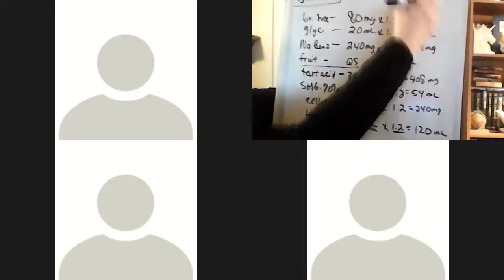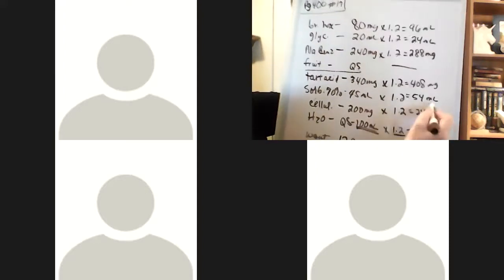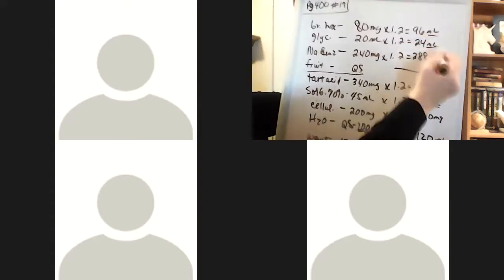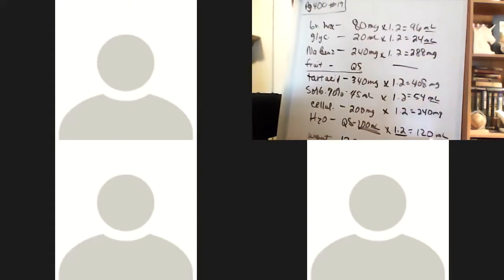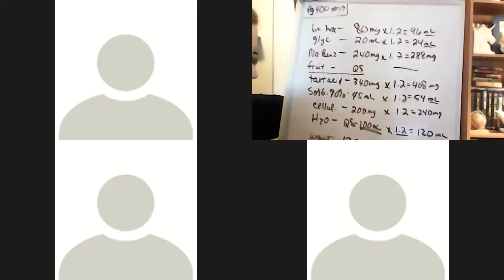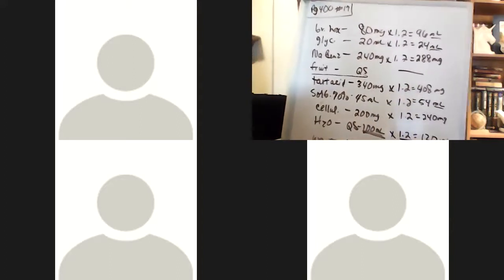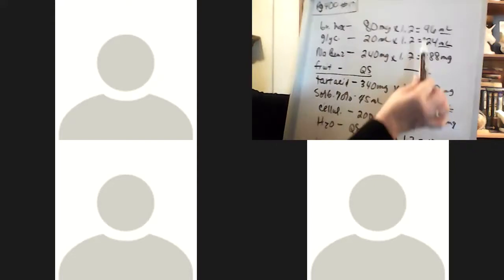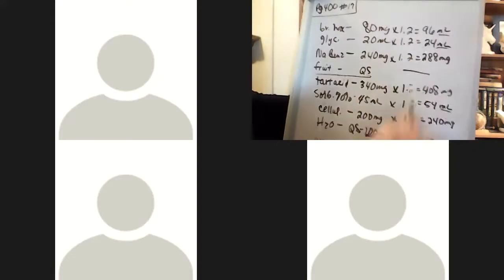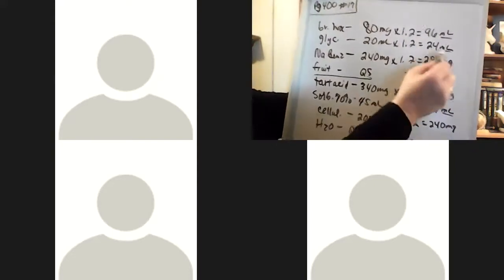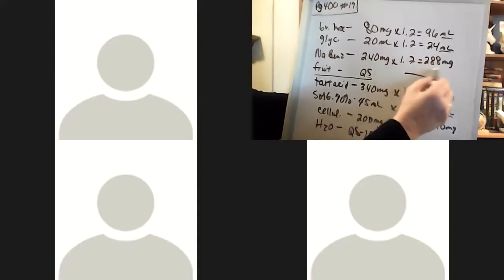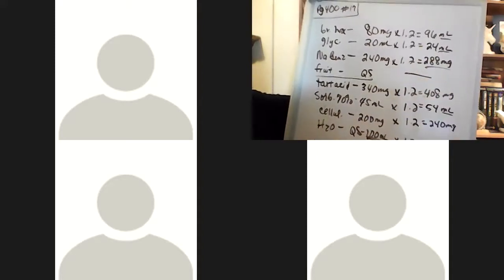So when we add all of this together, we can add our milliliters together and then subtract that from 120 and we'll know how much liquid to add. But the thing is, you don't know how much room these milligrams are taking up. Like how much space is this 288 milligrams of sodium benzoate taking up?